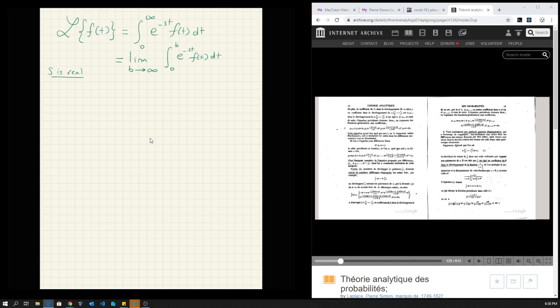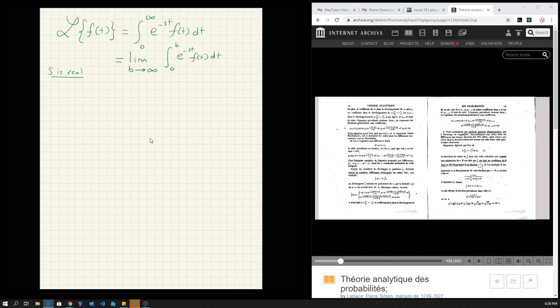Now, you may recall from taking calculus 2 that these kinds of improper integrals could converge or diverge, because you're trying to add up an infinite area. An infinite area could add up to a finite number or an infinite number. So this limit may exist or not exist. It could converge to a finite number or could diverge.